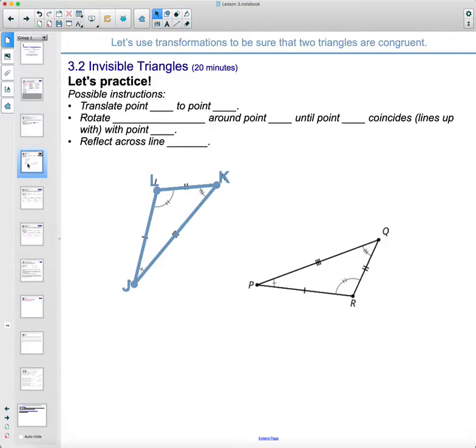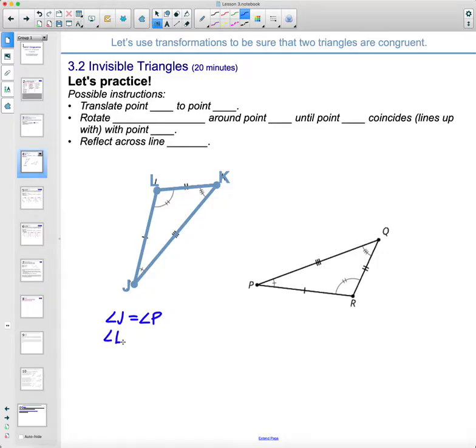So let's take a look, and I'm going to do one example with you right here. So if this was the card that you had, okay, and this is what you're looking at, we want to use language to move this triangle JKL over onto this one. And we can see that all of the corresponding parts are the same, okay? So I'm just going to write these out. We see that angle J is congruent to angle P. We see the arc with 1 tick in each of those.